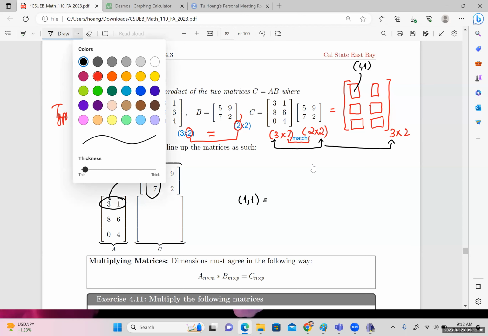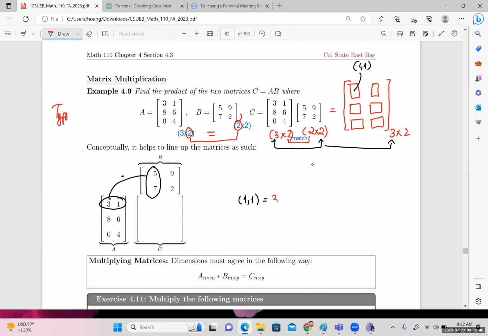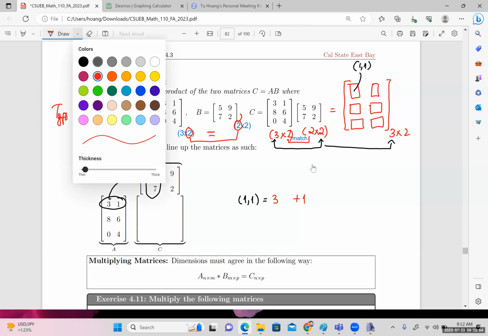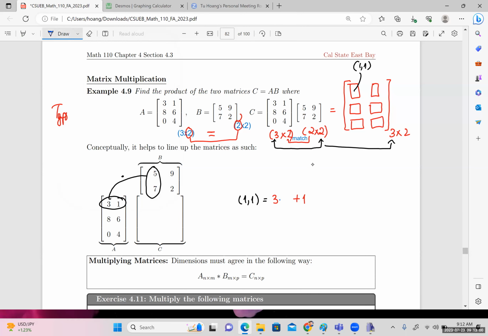I'm gonna use 3, 1 here. It comes from the first row, 3 and 1. And I will multiply 3 with 5, which comes from the first column of matrix B, and 1 will multiply by 7.